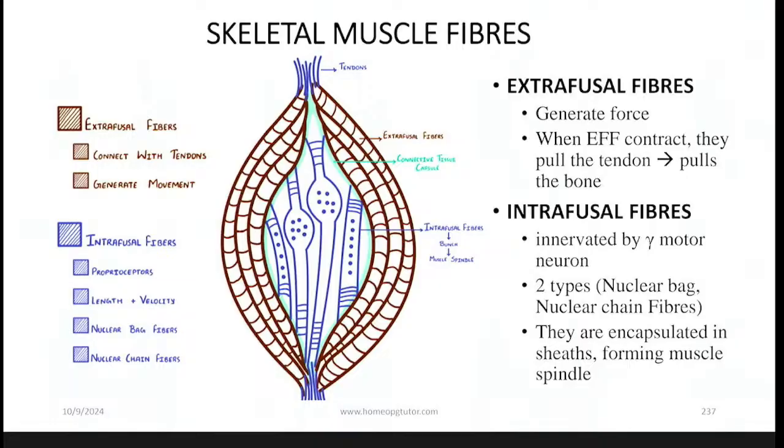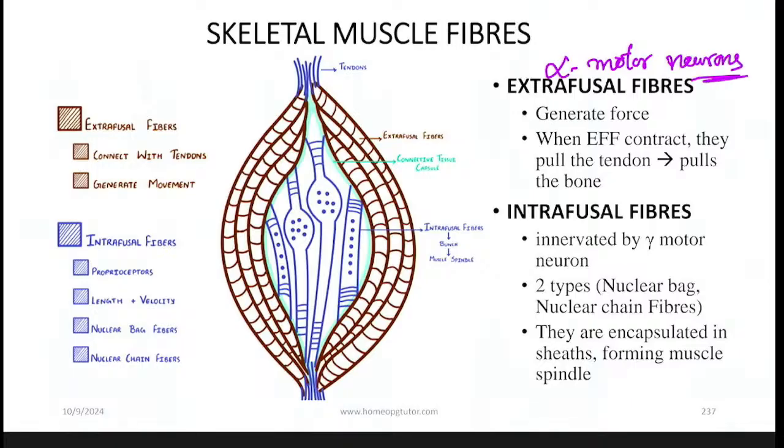Whenever an extrafusal muscle is contracted, it pulls the tendon, which pulls the bone, and that is why the movement happens. One important thing: extrafusal muscles are innervated by alpha motor neurons. Alpha motor neurons, important.